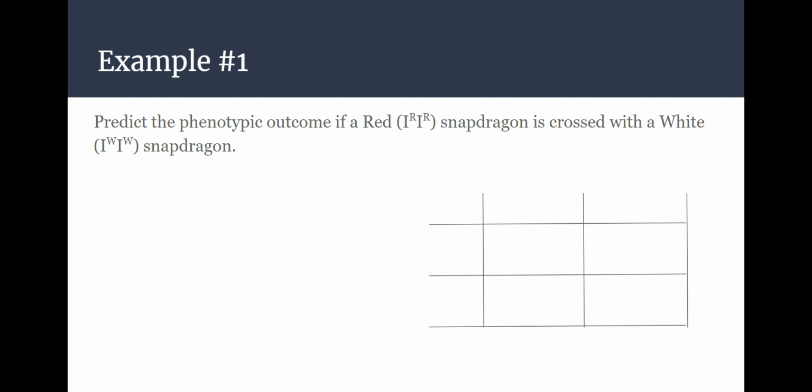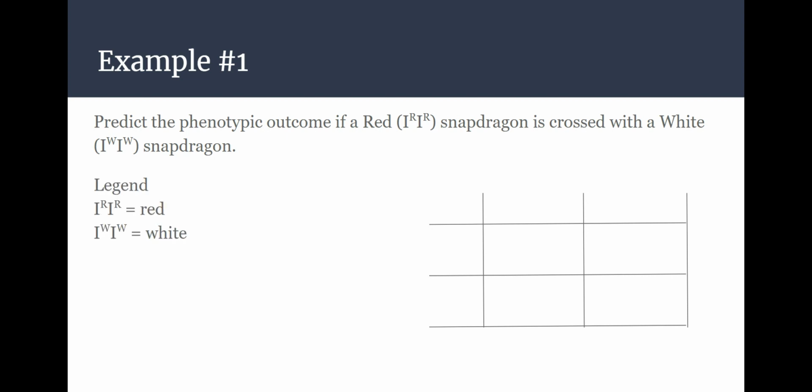Here I'm going to use two separate letters rather than the same letter, because neither of these is dominant or recessive to the other. They're two separate parts. So red is R, white is W, but I'm using that I to indicate that I'm talking about the color of the snapdragon. So the I is representing the snapdragon.